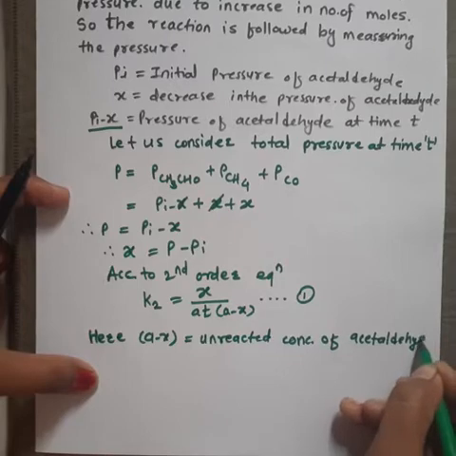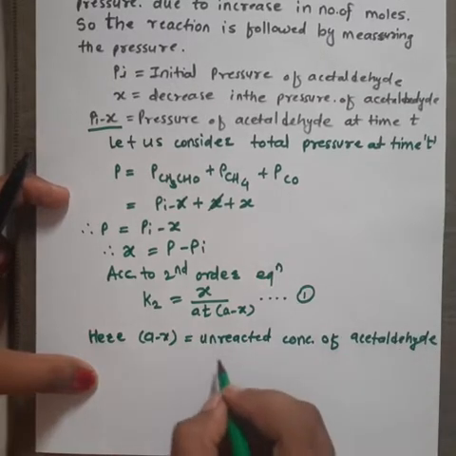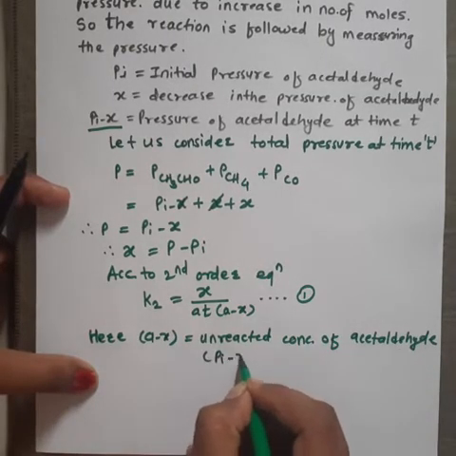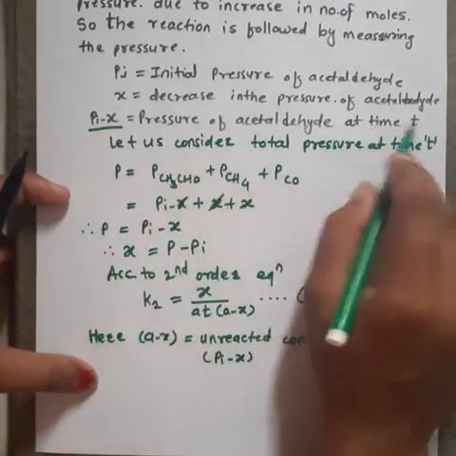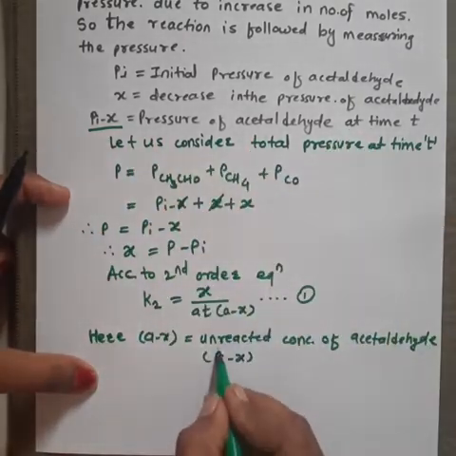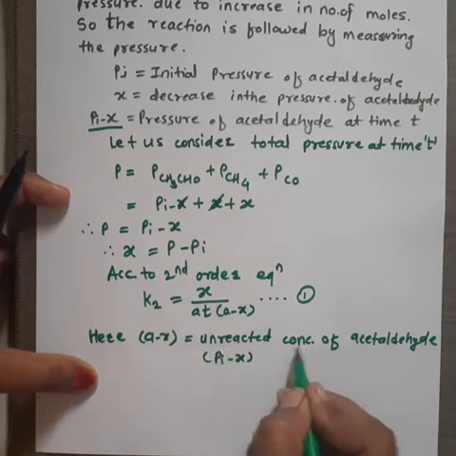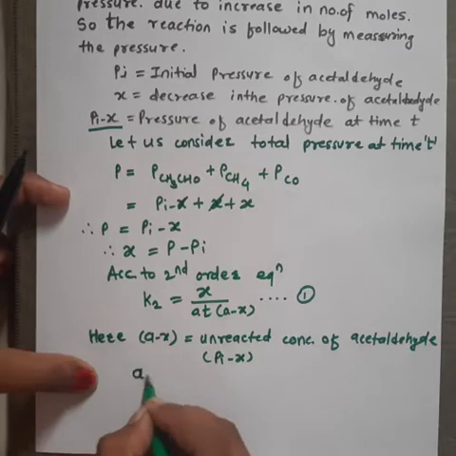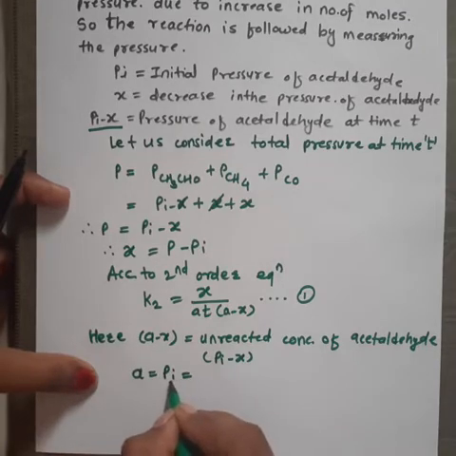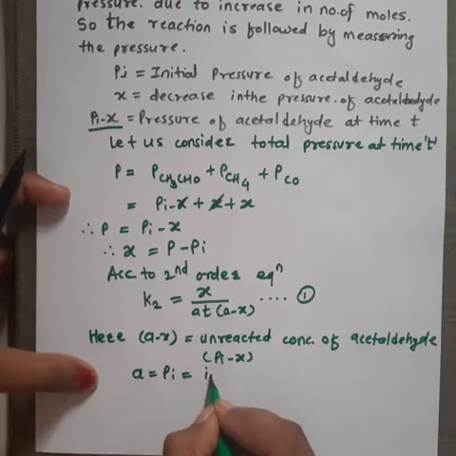So the unreacted concentration of acetaldehyde can be written as Pi minus x, that is the pressure of the acetaldehyde at time t. So concentration is expressed in terms of pressure, given by Pi minus x, and A is equal to Pi. A is the initial concentration and Pi is the initial pressure.